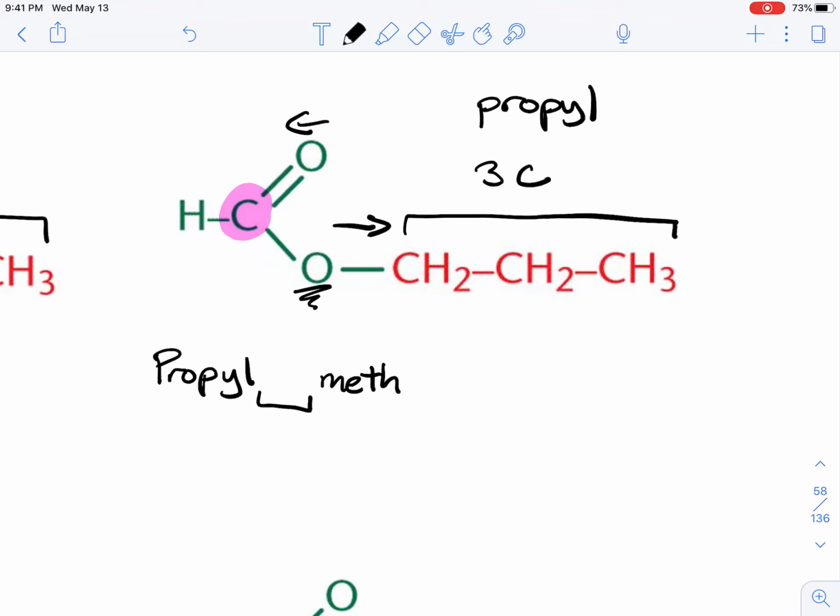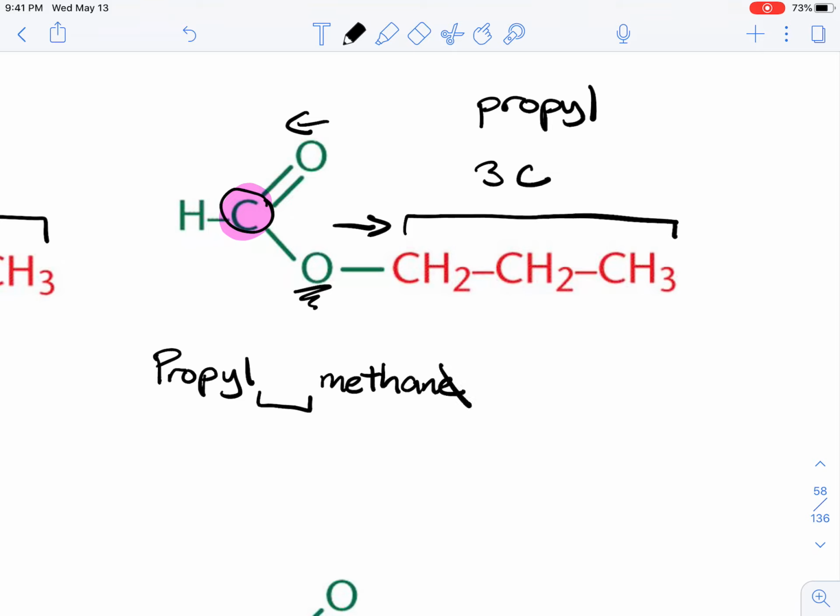And so since this is an ester, actually let me back up here. Since this is a 1-carbon compound and there are no double bonds, well, actually there's not even another carbon, I'm just going to go ahead and say methane.